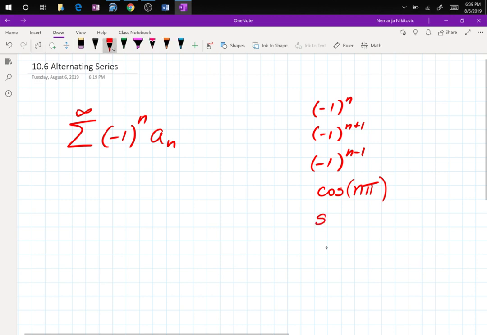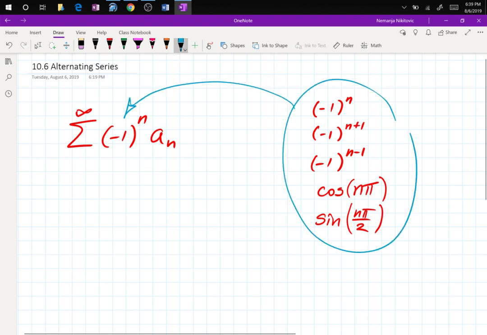And then you have obviously one with a sine with n pi over 2, which does the same thing. So these are all different forms that you can have alternation. So it's not just negative 1 to the n, but most of the time it's just negative 1 to the n. So it's very easy to pick these out of the bunch.